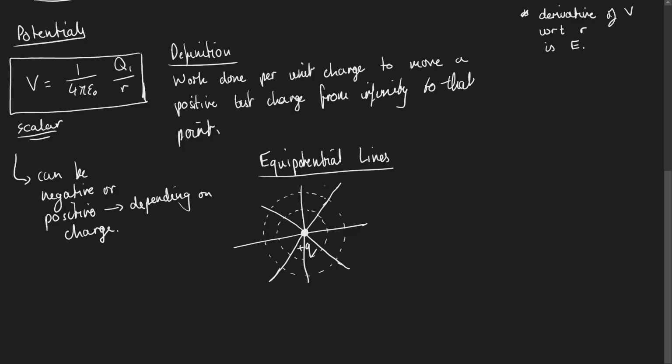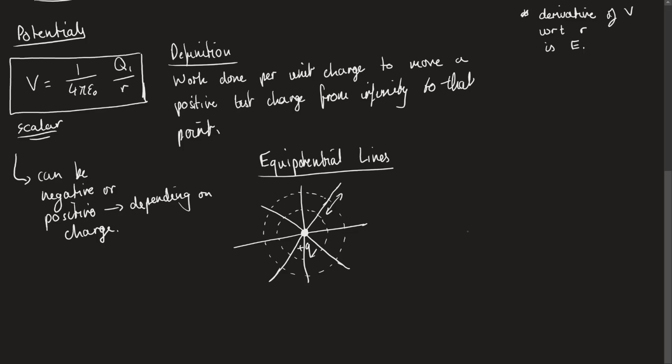Okay, anywhere, if I were to move in a circle along these lines at a constant radius, I wouldn't have to do any energy transfers. The only way to change potential is to move towards or away from the charge, and that is going to require some energy transfer, like we've said in gravitational fields. So we're going to do a separate video looking at how we can look at energy transfers in these cases.